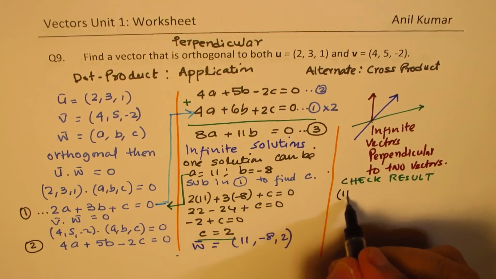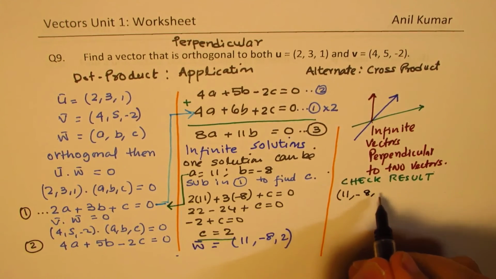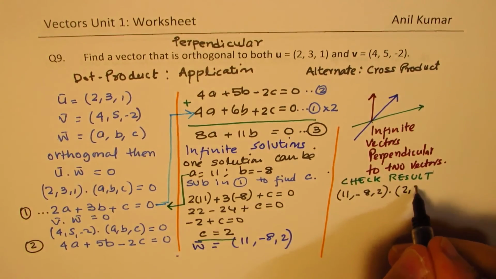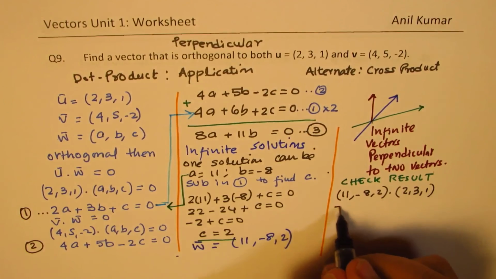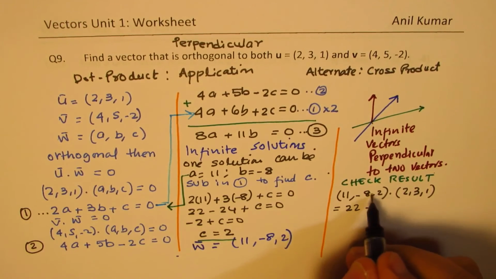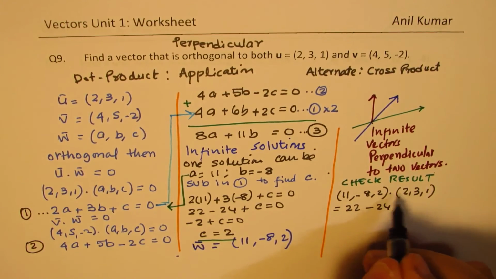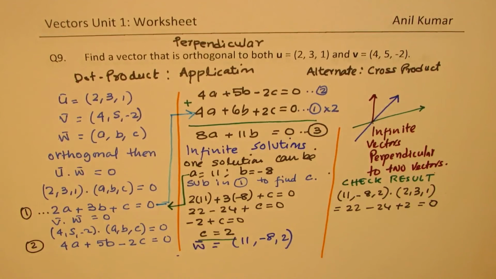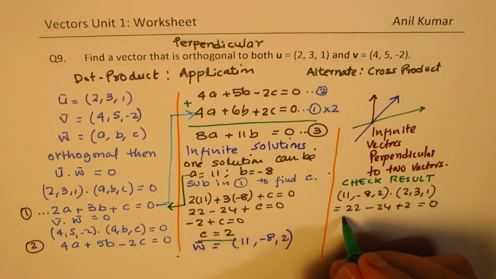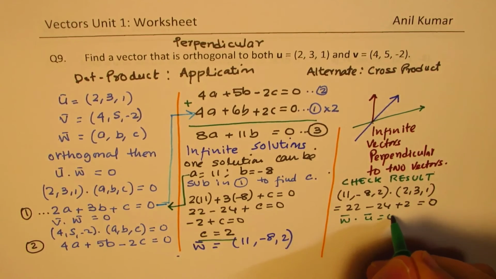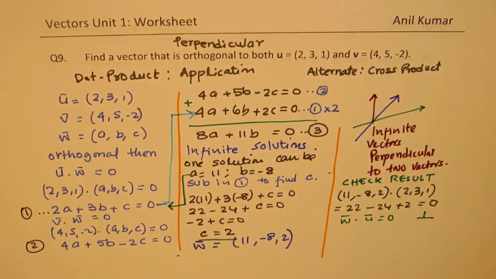So if I do the dot product of w with, let us say, u, which is (2, 3, 1), what do I get? 11 times 2 is 22, minus 8 times 3 is 24, plus 2. It is equal to 0. So that means that vector w dot vector u equals 0. So that means they are perpendicular.